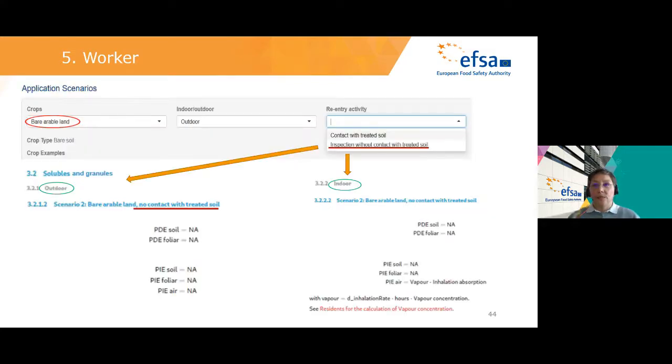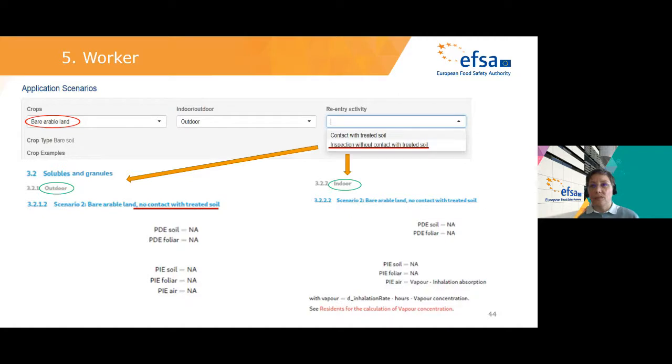Then I wanted to show you a specific scenario for a worker that has been implemented in the calculator: reentry on bare arable land. So 2 reentry activities have been implemented: contact with treated soil, in which case exposure to soil-borne residue is calculated, and inspection without contact with treated soil.